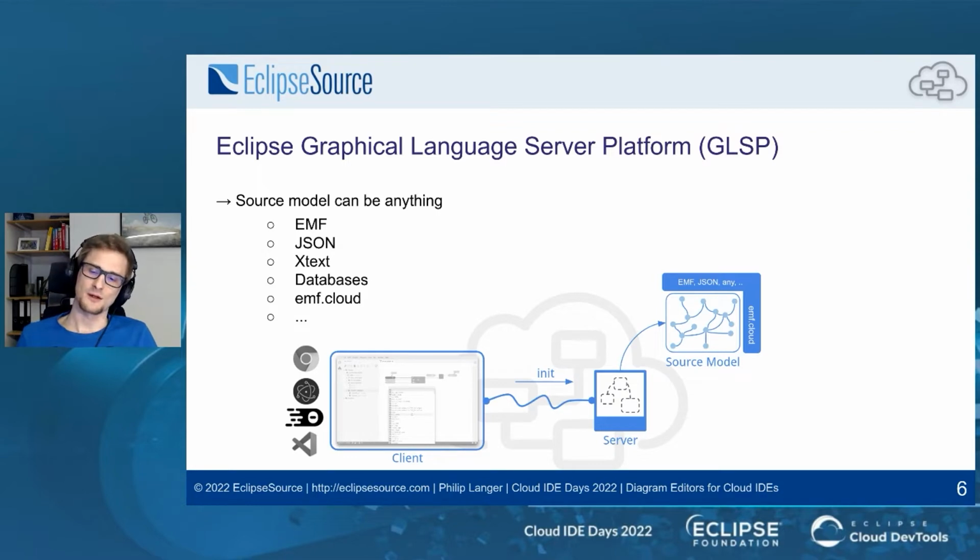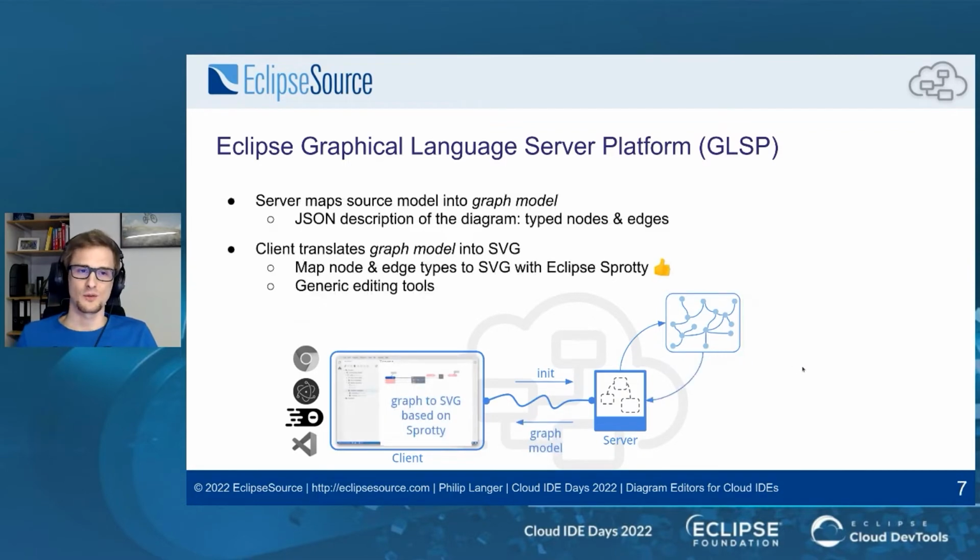Once the model is loaded, the server will then transform it into a so-called graph model that essentially describes what is to be shown on the diagram. The graph model is sort of like a JSON-based description containing typed nodes and edges, which exactly specifies structurally what is to be shown in the diagram editor.